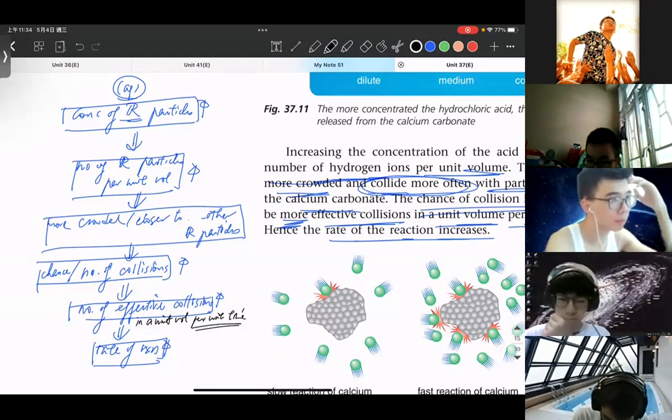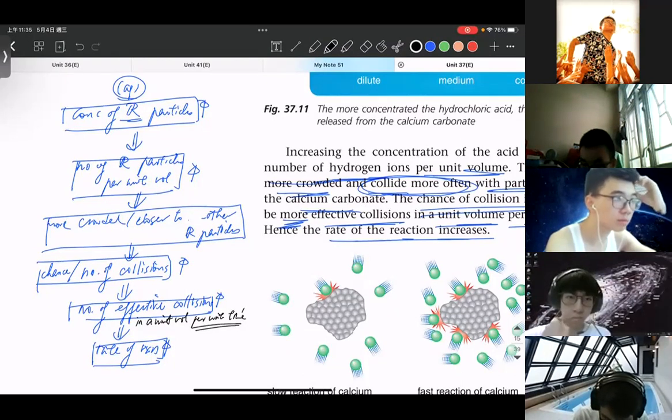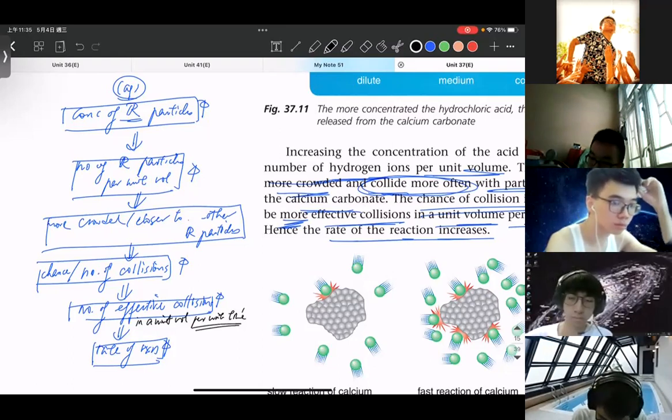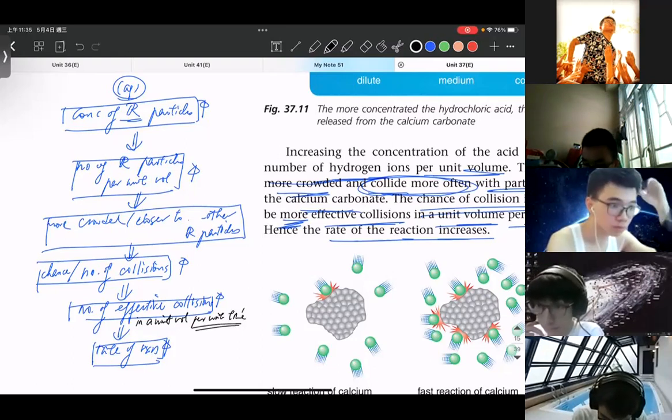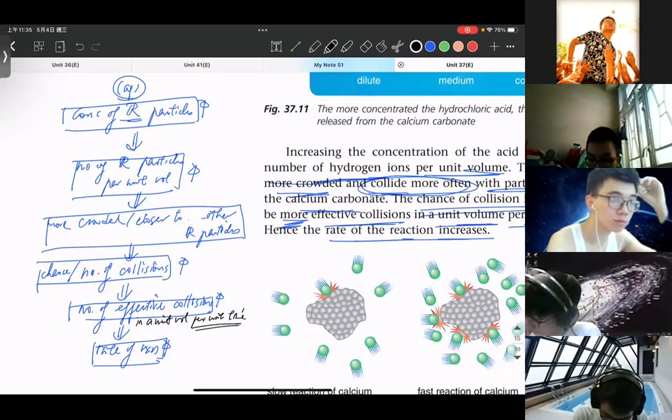They just tell you how fast the product will be formed, but not how much product will be formed. Do you know the difference between the two terms? How fast means the speed, but how much talks about the amount. So in this chapter, what we have just mentioned talks about the speed. Okay, questions?